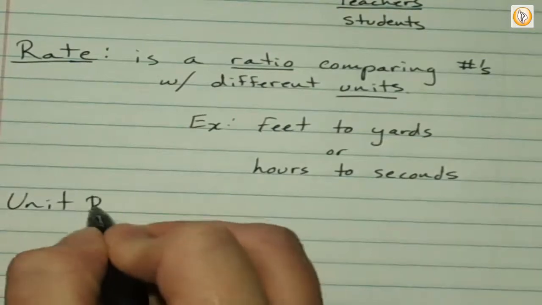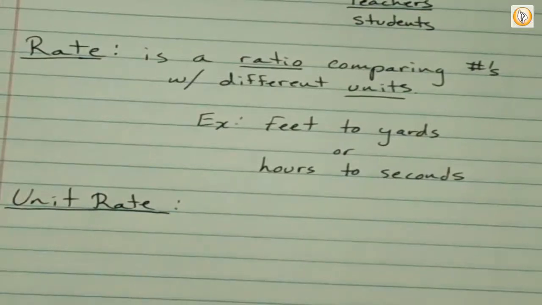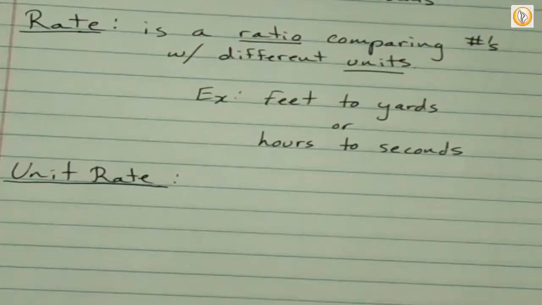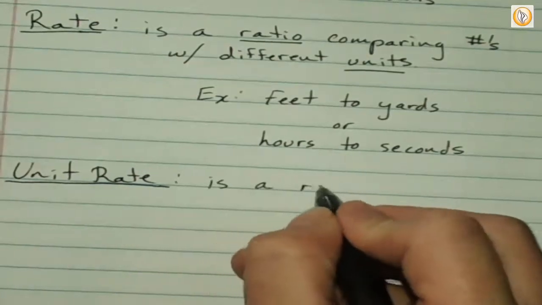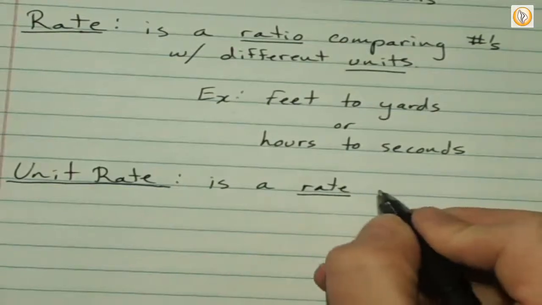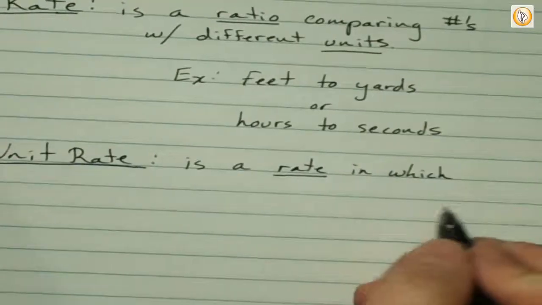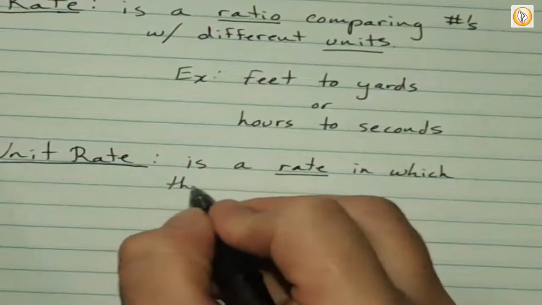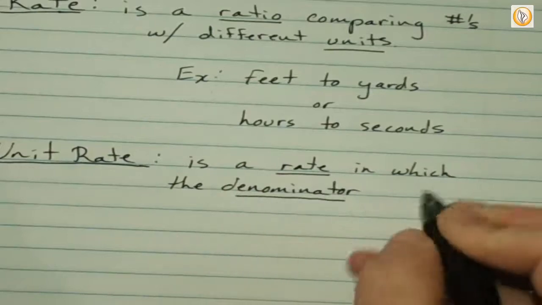And then unit rate is a rate in which the book says the denominator is 1.